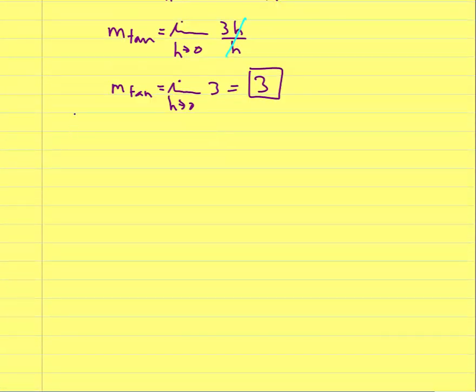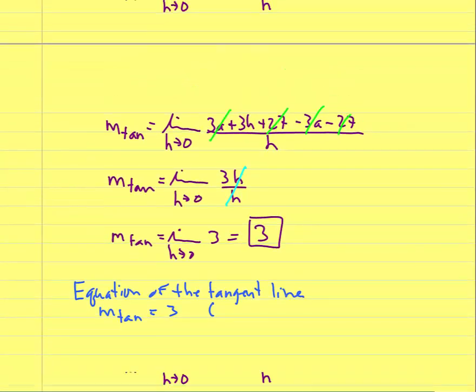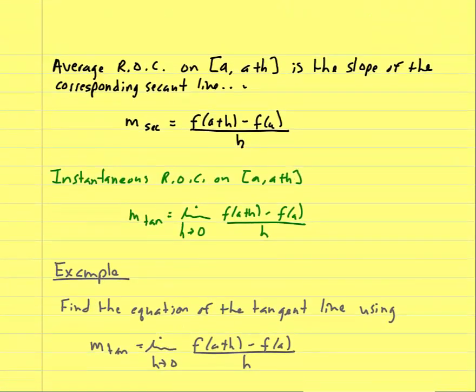So now I want the equation of that tangent line. I need the slope, which is 3, and then I need an ordered pair. Well, the ordered pair, if you look back up, was x equal 1.